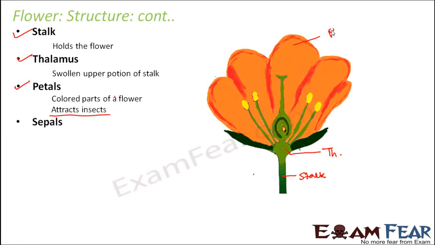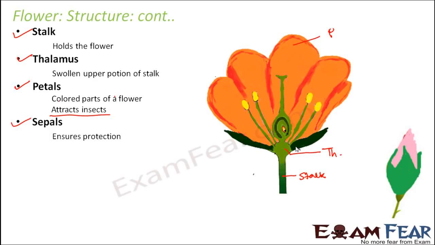The next one are the sepals. As I said, they are these green colored leaf-like structures, and they ensure protection to the bud. How does a flower form? Initially it is a bud, right? For example, when a baby is born, it needs a lot of protection and care because it is very delicate and not independent.